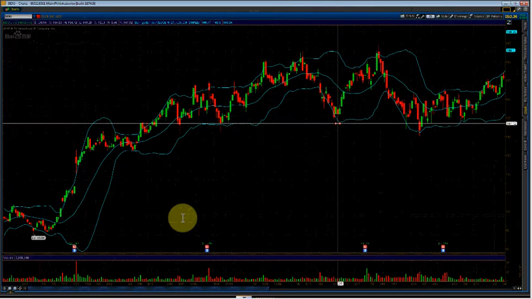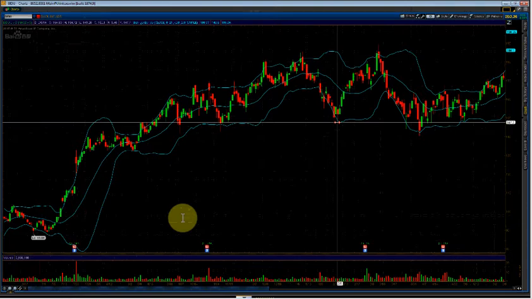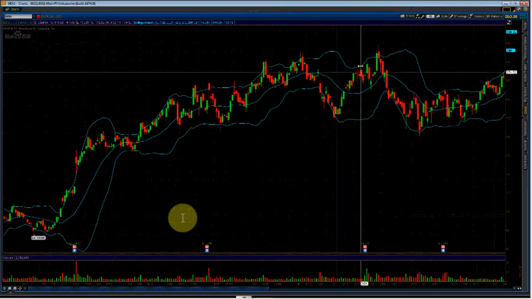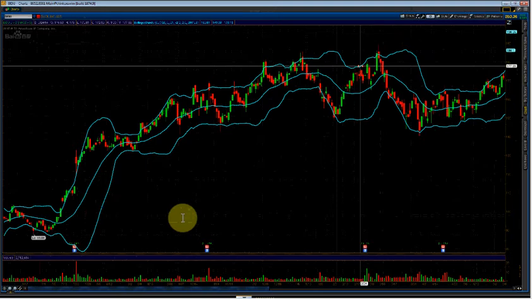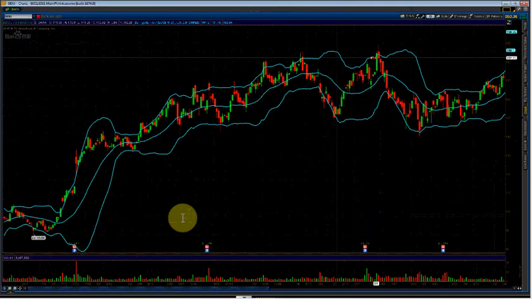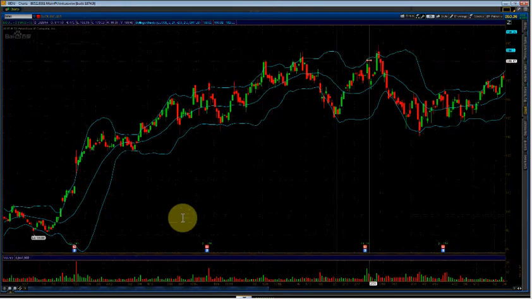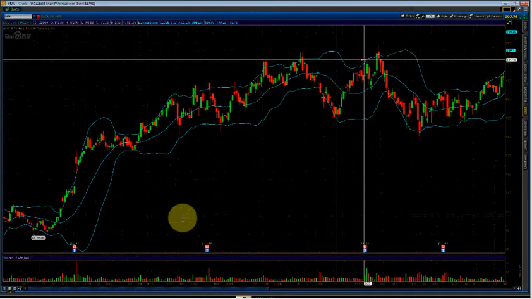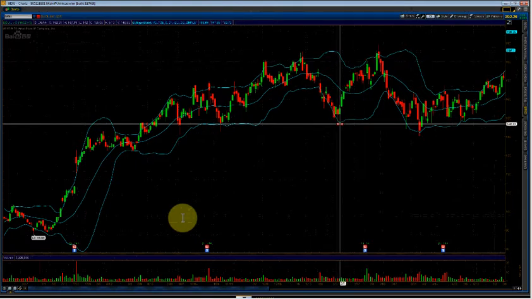So the bottom line of the Bollinger Band would be what? Support or resistance? And the top line would be what? The bottom line support, the top line is my resistance. Now let's put that into other terms. For calls, the bottom line is where I'm looking to buy calls.